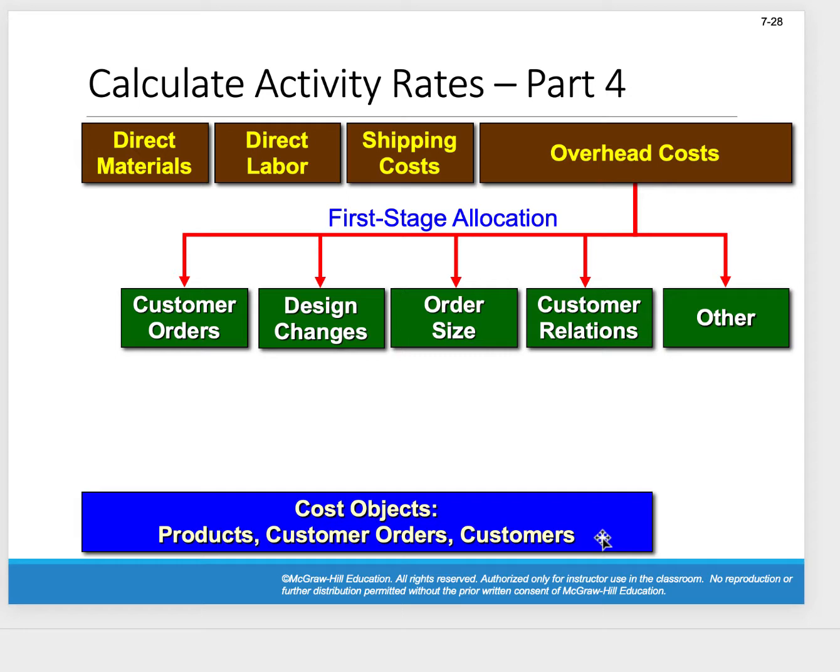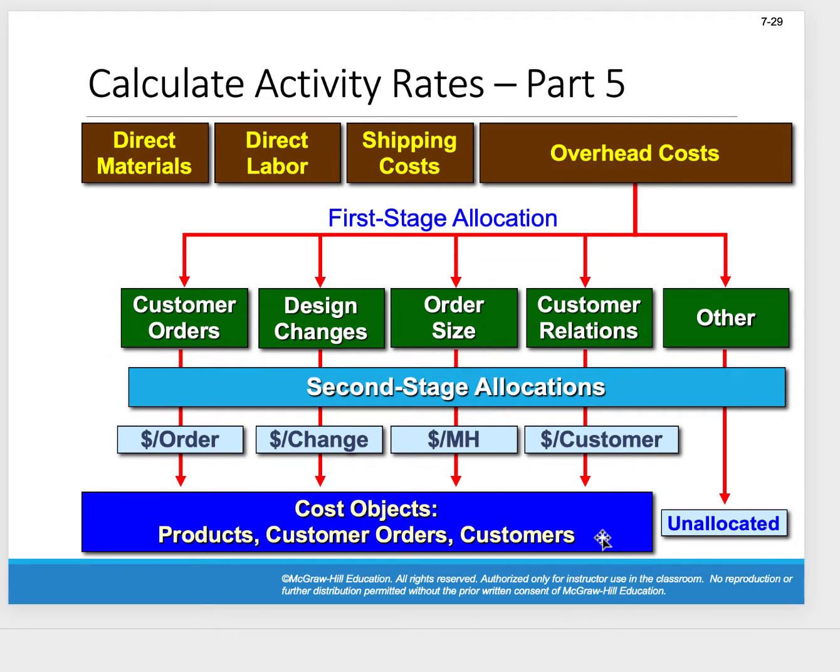We figured out the total cost for each of the activity cost pools. We calculated our activity rates. Now we can do stage 2, which is actually allocating the overhead costs to the cost objects.